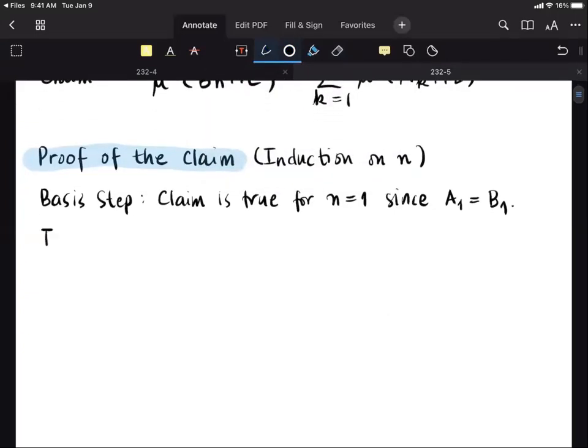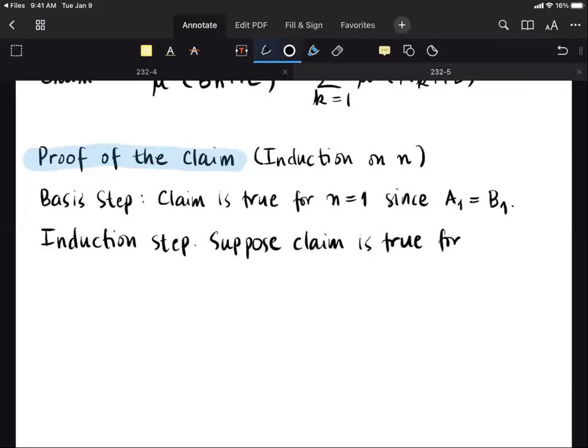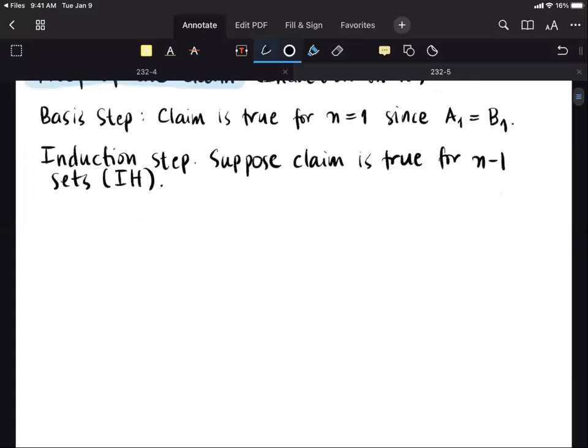Let us now go to the induction step. Suppose the claim is true for n minus 1 sets, this is our induction hypothesis. We wish to show that it is also true for n sets.